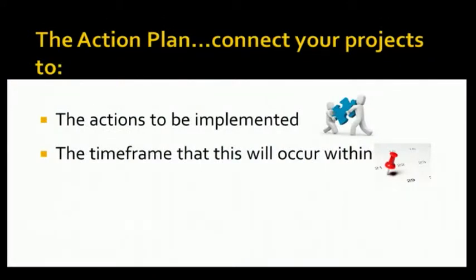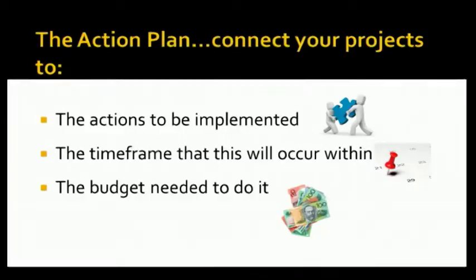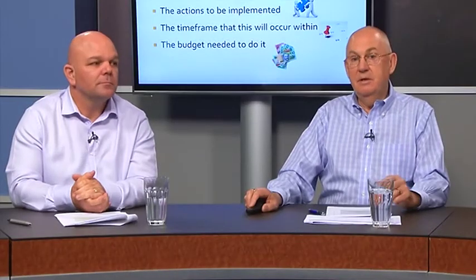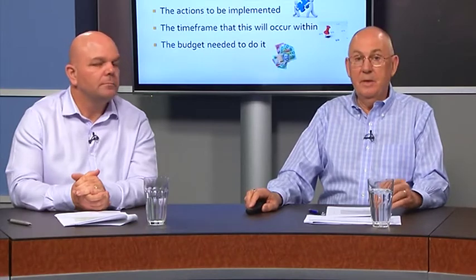Again, it's very important when you're planning your projects to work out what time is going to be needed for the projects. And of course, taking into account that you're going to be running a lot of projects concurrently. So again, be realistic with your timing. And the budget. Of course, there's going to be a cost to doing all of these things as well. So it's very important to work out the costs. And again, that's going to go into the sourcing of funding from DRD and other sources as well.